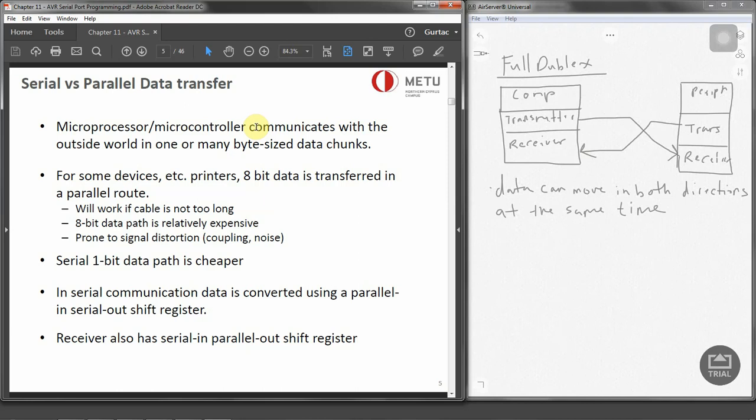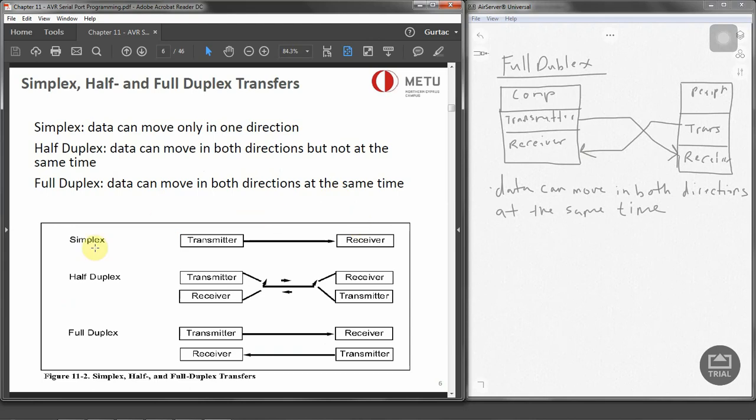And I'm just going to show you a couple of slides related to these in details. So this is what we already covered, the simplex, half duplex, and the full duplex. We have got the transmitters and receivers on both sides, but the half duplex uses one communication line, and we have to wait for one to finish to start the other one. And with the simplex, it's just sending one side to the other.